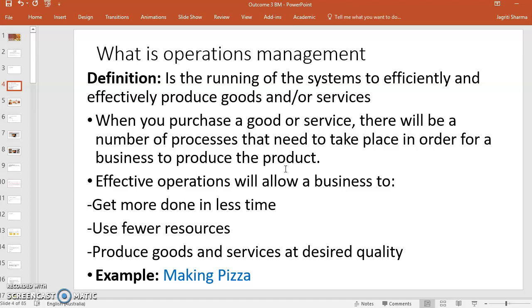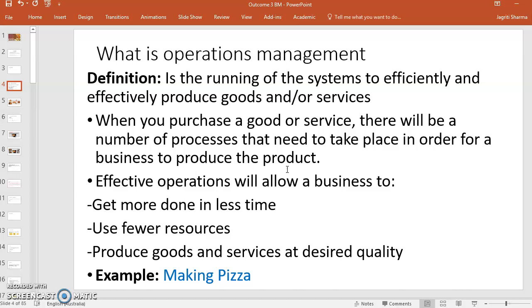Now, you need to transform the inputs into the outputs, which are the ready to sell products for the consumers. For example, if you buy a packet of chips, it has gone through several processes before it has landed in Coles or Safeway or any other grocery shop.